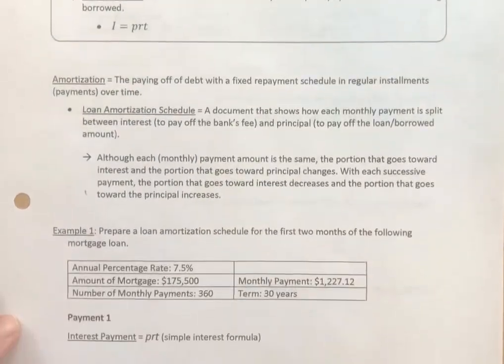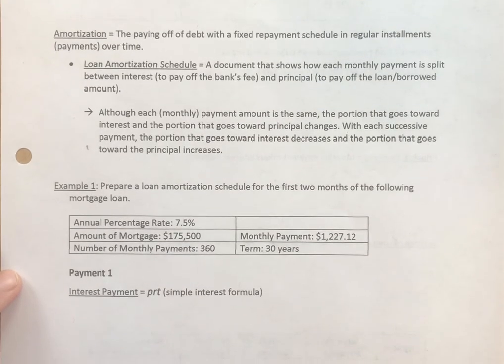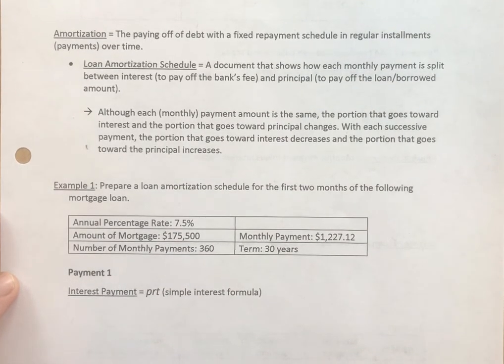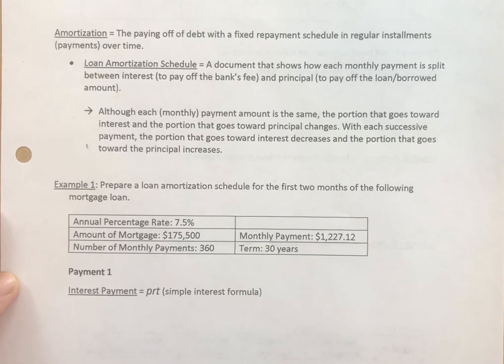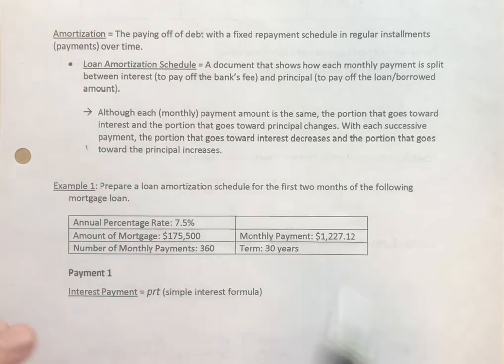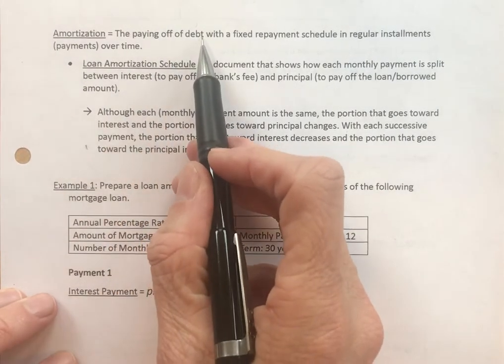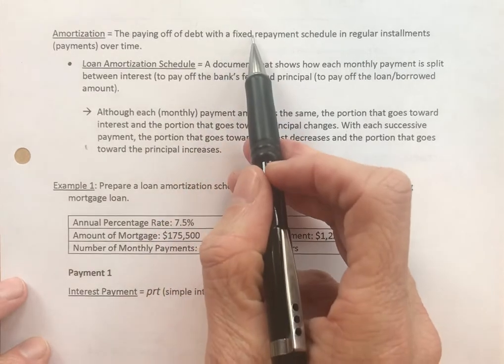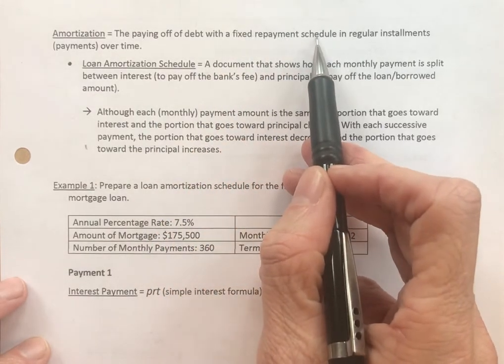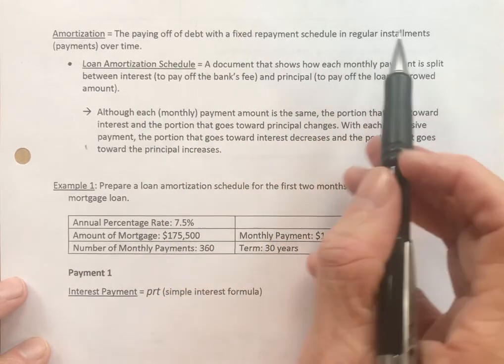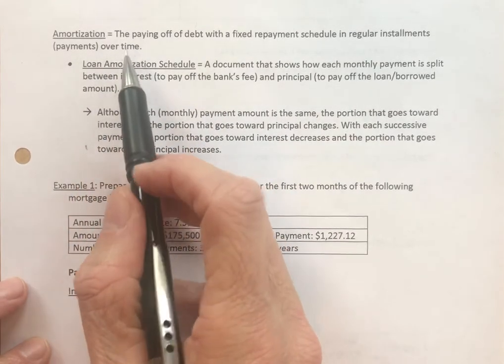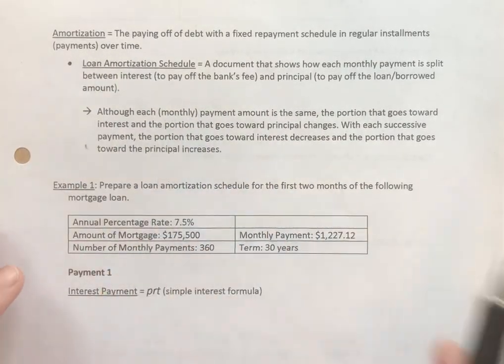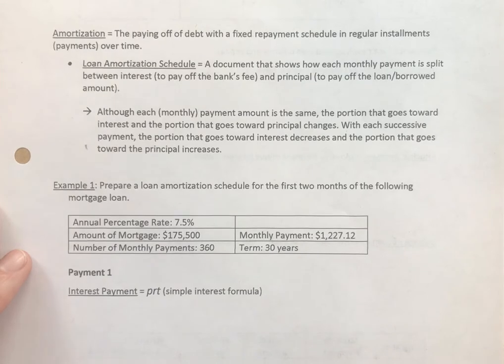So what is amortization, or what does amortization mean? Amortization is the paying off of debt with a fixed repayment schedule in regular installments, in regular payments over time. To amortize something means you're going to pay it off on a fixed schedule with regular or fixed payments.